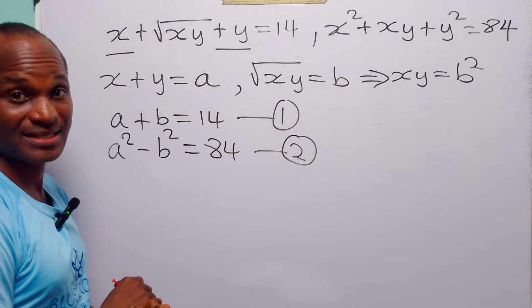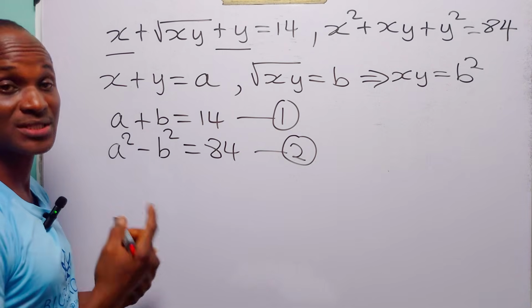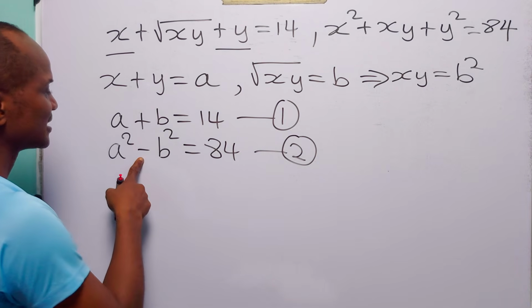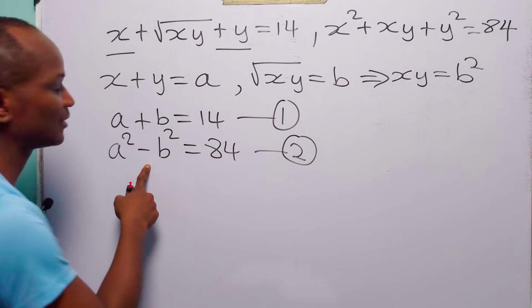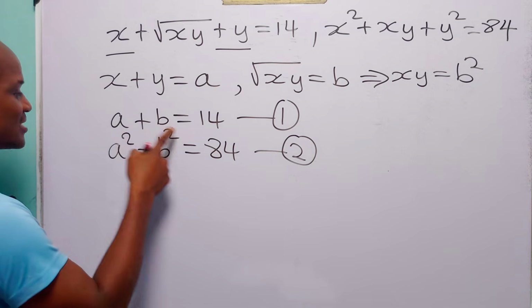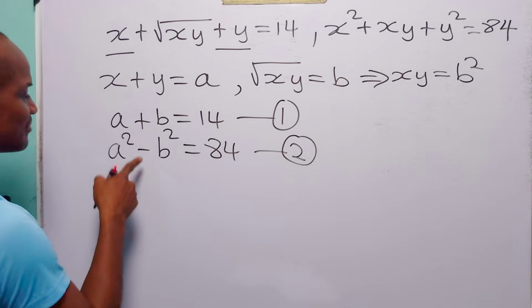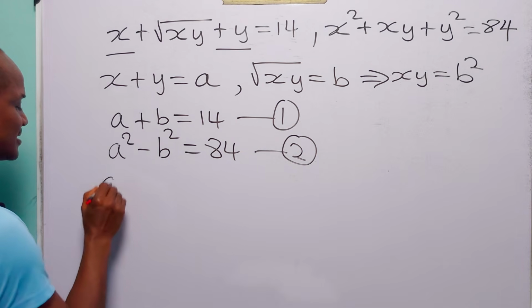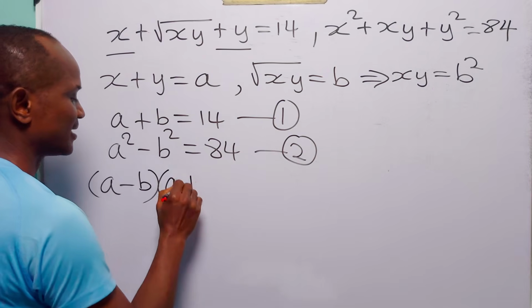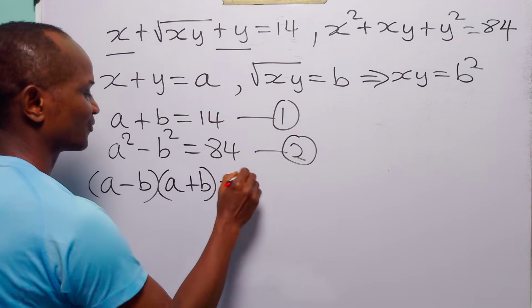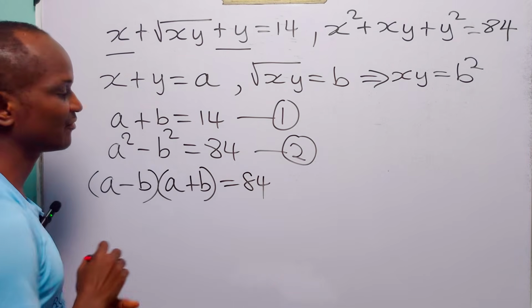Now, this is a much simpler system of equations to solve. To solve it, let us start by factorizing the left-hand side of the second equation. You can see the difference of two squares. So that means that this left-hand side is the same as a minus b multiplied by a plus b. And of course, this is equal to 84.